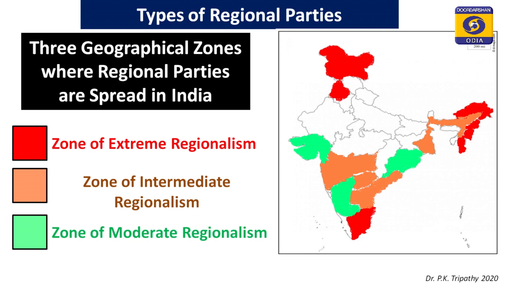Then there is an intermediate regionalism zone, colored orange, which indicates in the map Assam, West Bengal, Andhra Pradesh, Telangana, and Maharashtra. Then there is a moderate regionalism zone, which is Odisha, Karnataka and Gujarat.